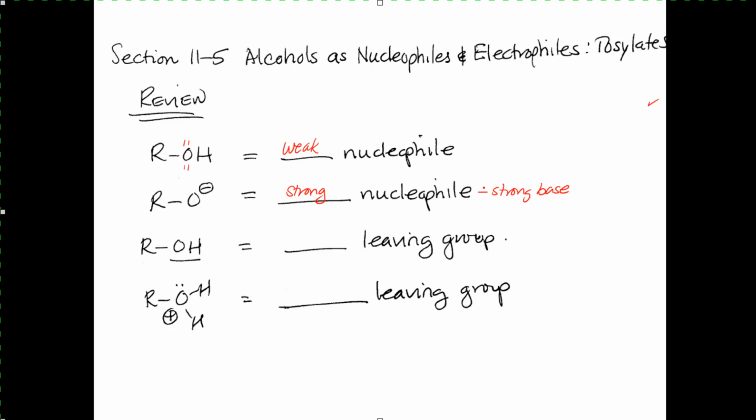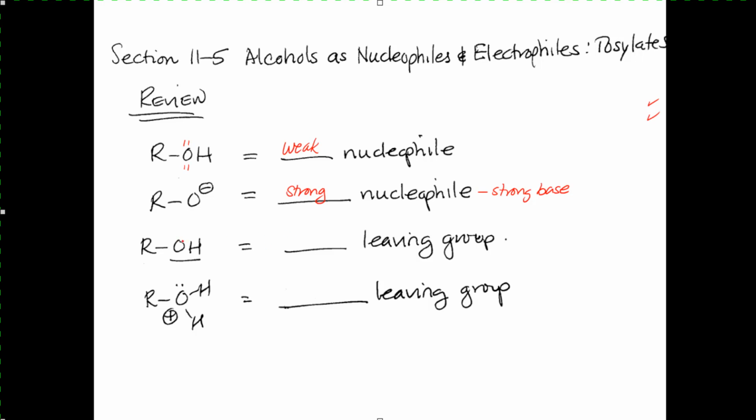So now if I asked you which one of these two groups is a better leaving group, alcohol or oxonium ion, which one would you think? Go ahead, and when the question pops up on the screen, which is a better leaving group, alcohol or oxonium ion?